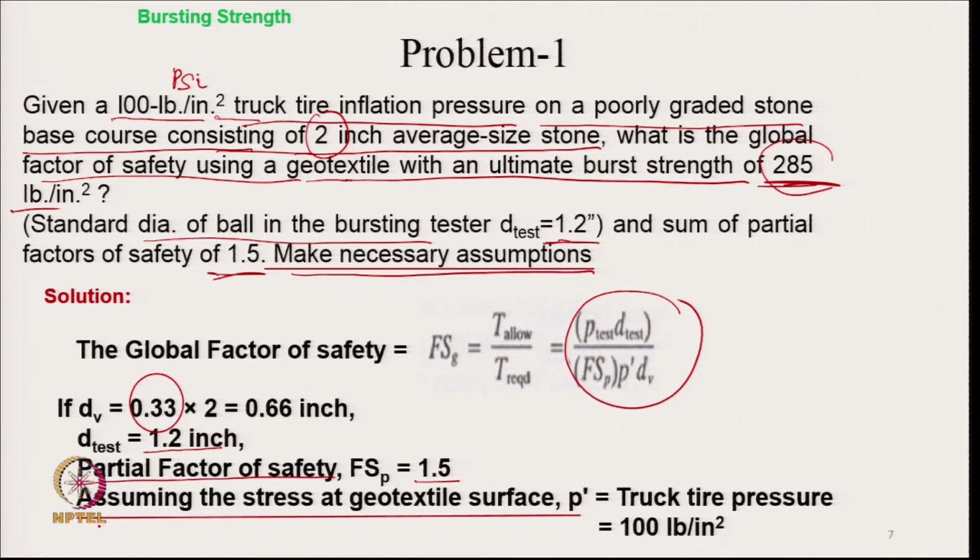Another assumption is that stress on geotextile surface is equal to P dash. If it is given as, say, 0.9 times P dash, then we can use that, but if it is not given, then we can assume that stress on geotextile surface is equal to truck tire pressure, which is 100 psi. Here it is given 100 psi, that we will use.